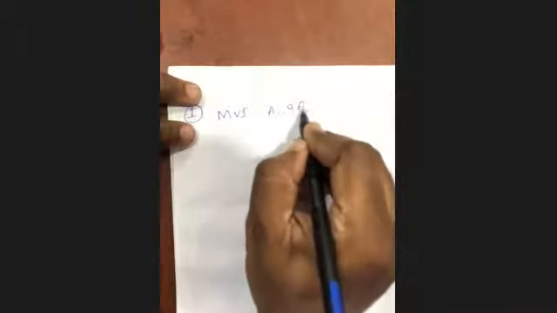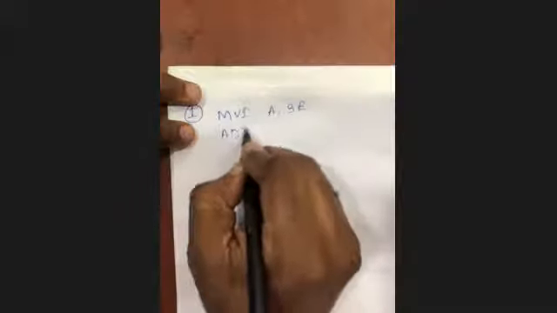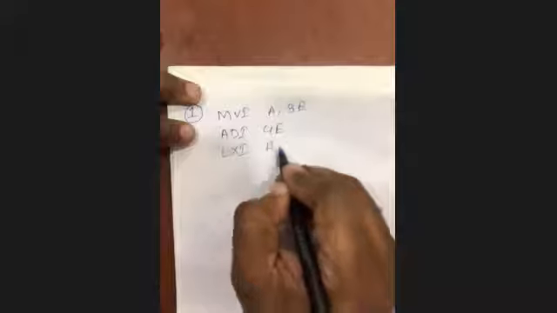As an example: MVI A, 3E; ADI 4E; LXI H, 8500H.